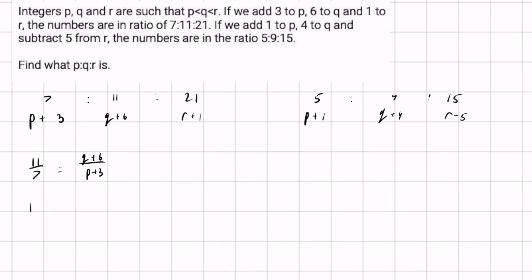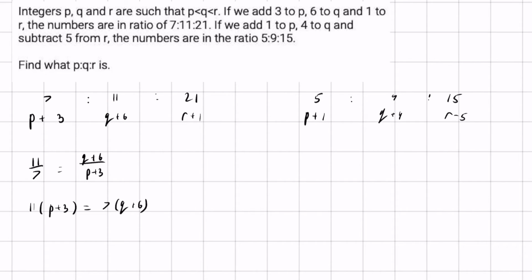Therefore, 11 times (p plus 3) is equal to 7 times (q plus 6). Because it's 11 and this is 7, q plus 6 is 11 over 7 times greater than p plus 3. So there we have it, first algebraic equation.